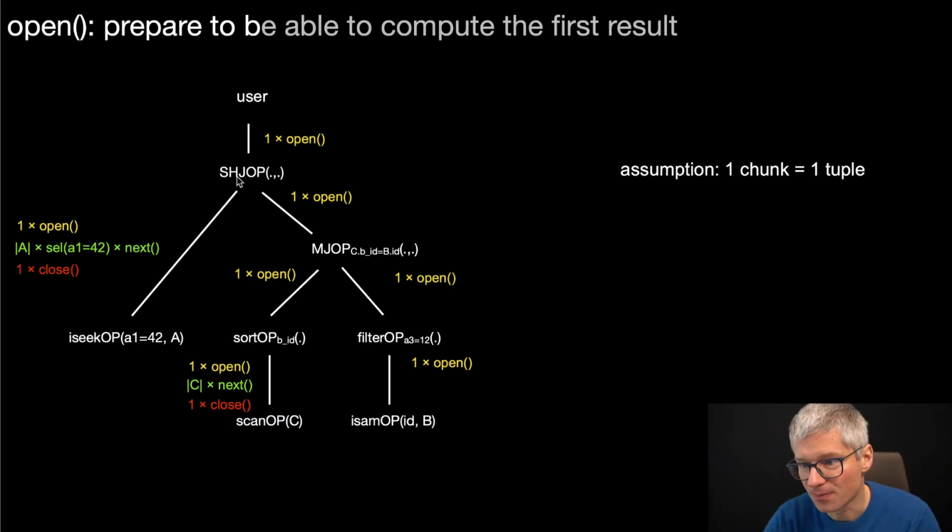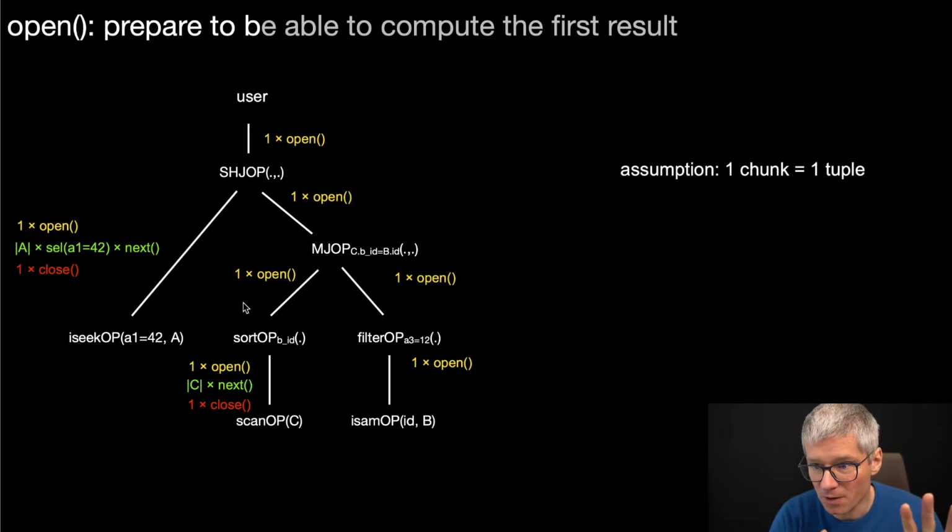And then recursively, that operator will trigger certain actions. So it will, as you might expect, call open on all the operators in the tree. But actually, it will also, in most cases, do much more.